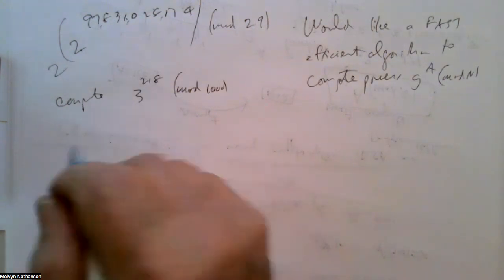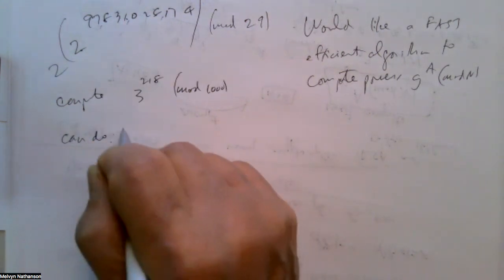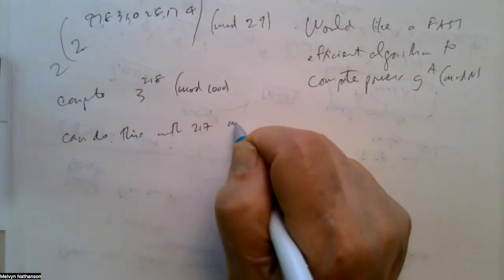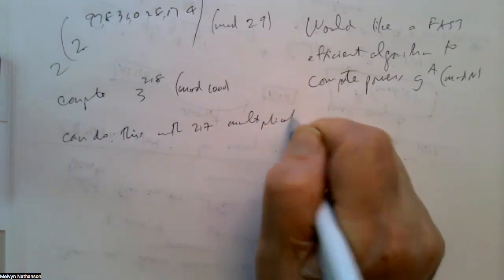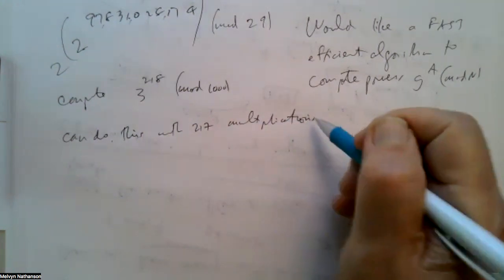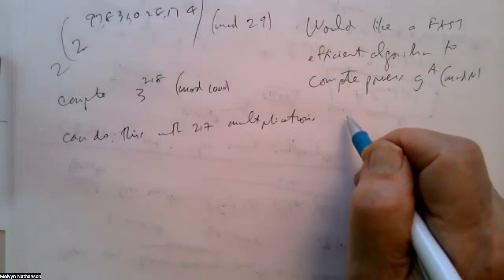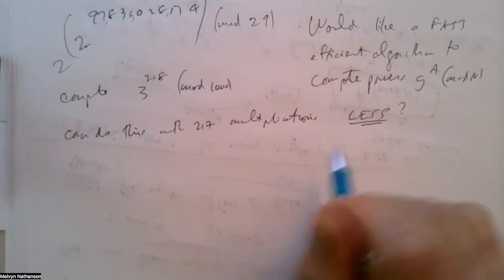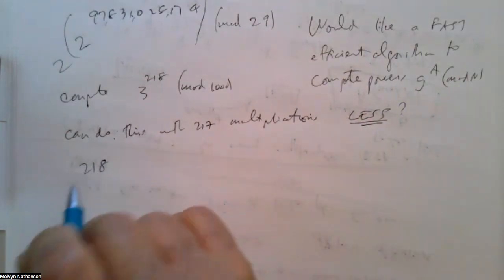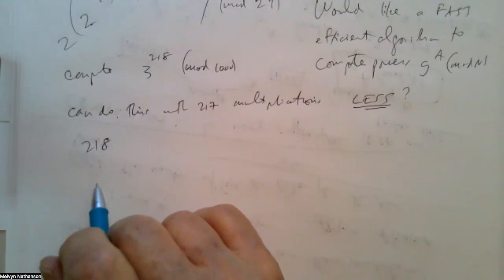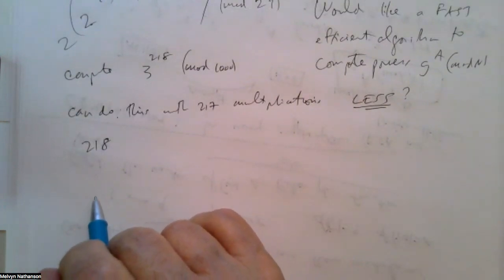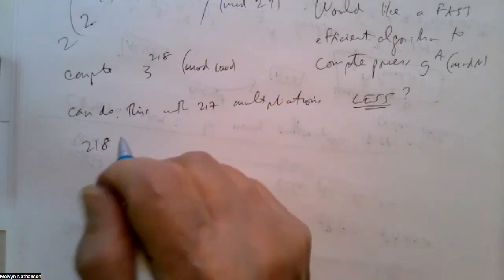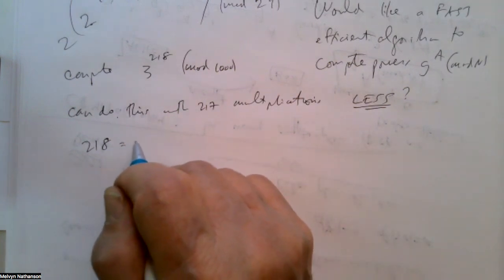So we can do this with 217 multiplications. Suppose we want to do it with less. So take 218 and write it as a sum of powers of 2. So the way I would do this is what's the biggest power of 2 you can take?